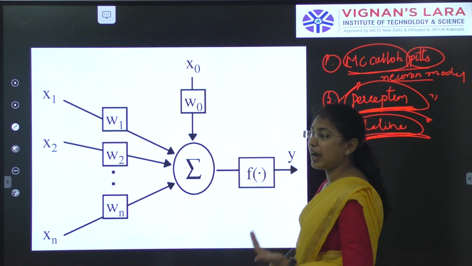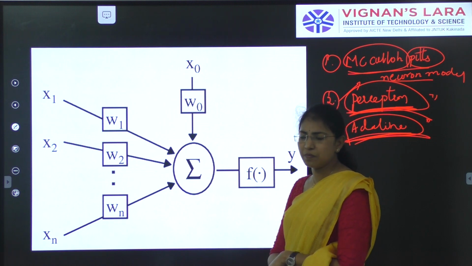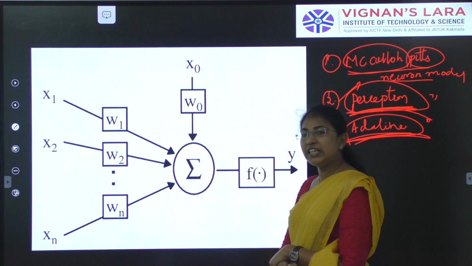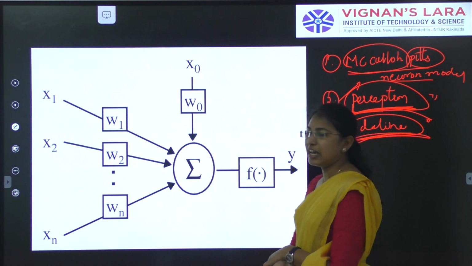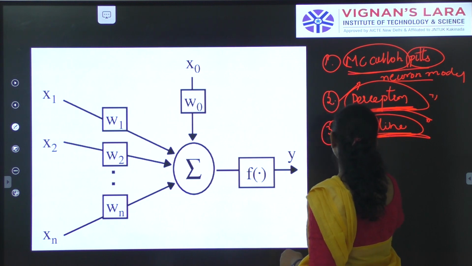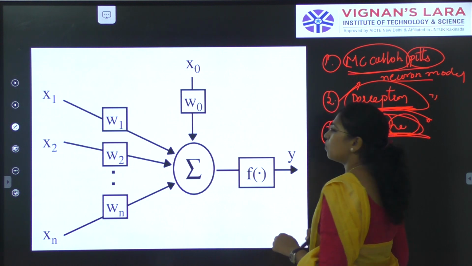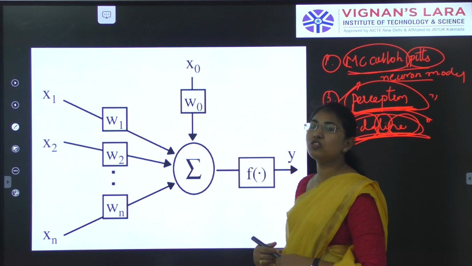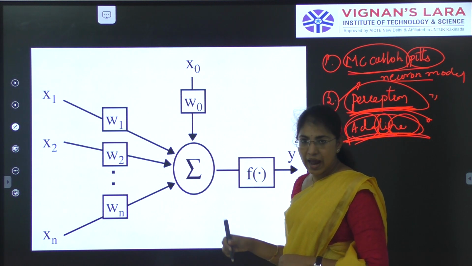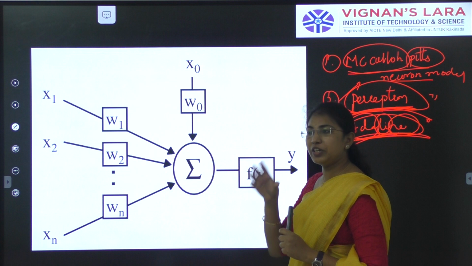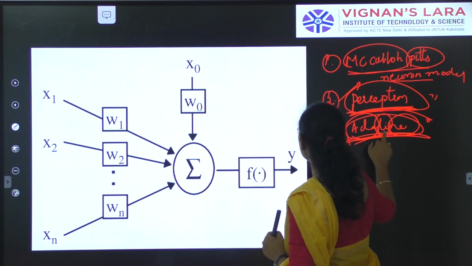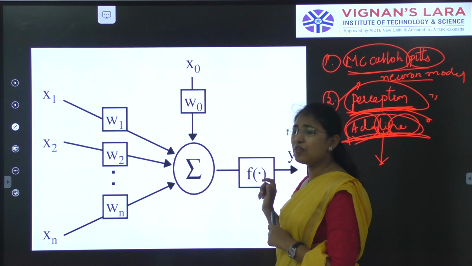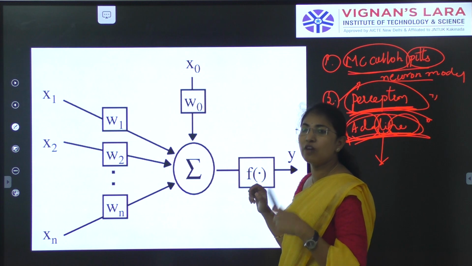The difference between Adaline, perceptron and McCulloch-Pitts is that it is also equivalent to them, but the basic difference is Adaline is adaptive linear neuron model. A linear activation function is used in this neuron model, and its structure is same as McCulloch-Pitts. The difference is it uses linear activation function, and it is equivalent to perceptron in training.